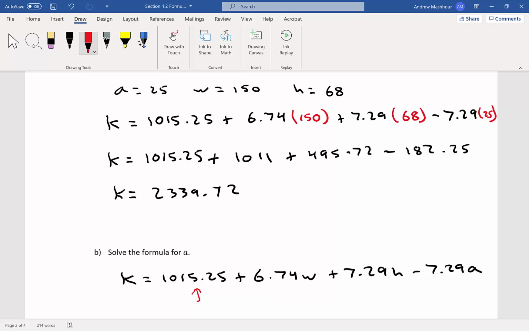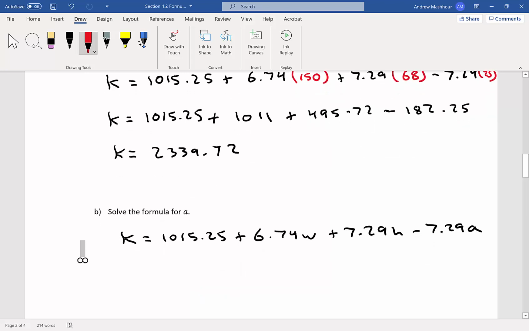Let's take a look at what that would look like. This 1,015.25, if I want to move it to the other side, I'm going to have to subtract it from both sides. So I have minus 1,015.25 and minus 1,015.25.